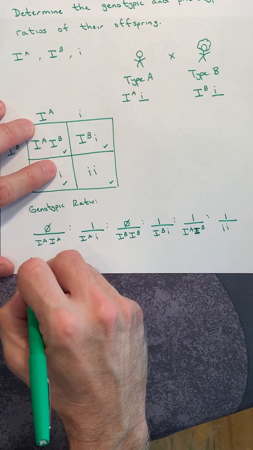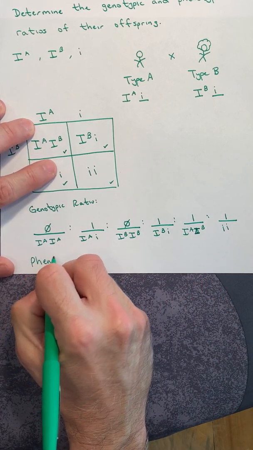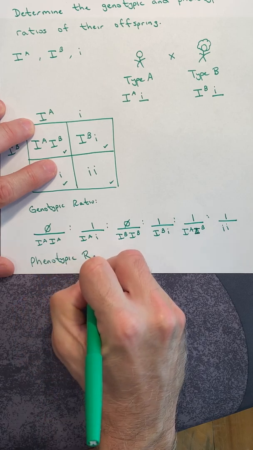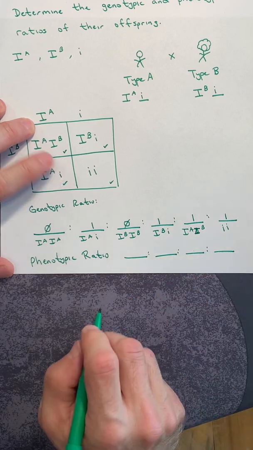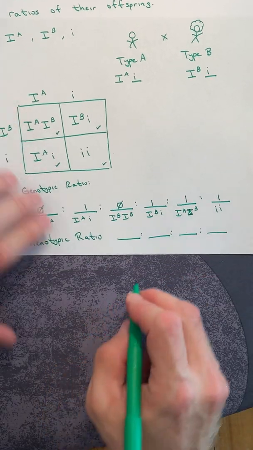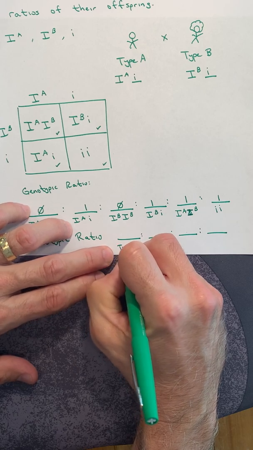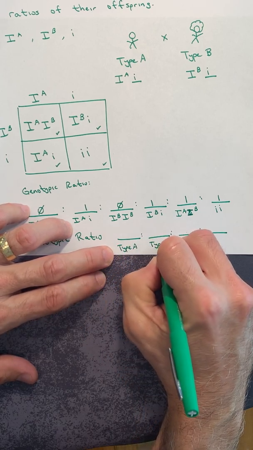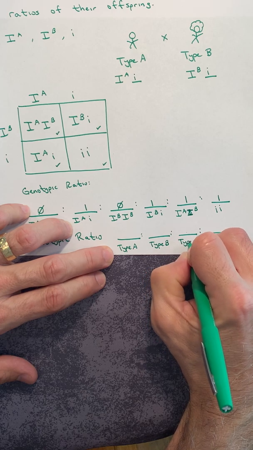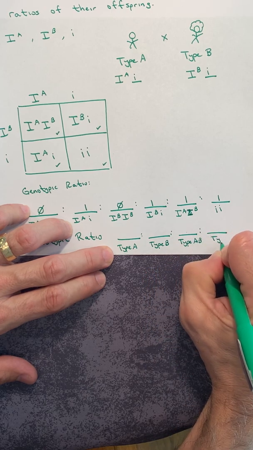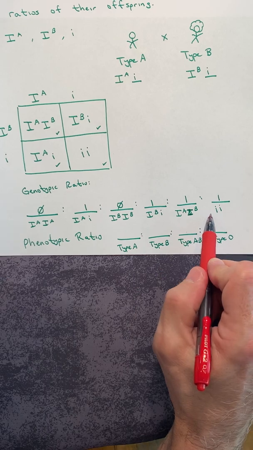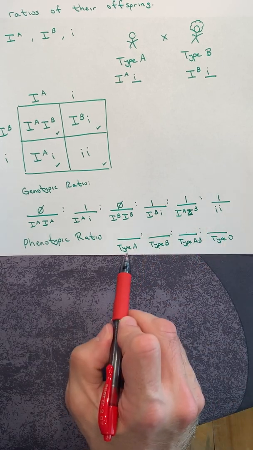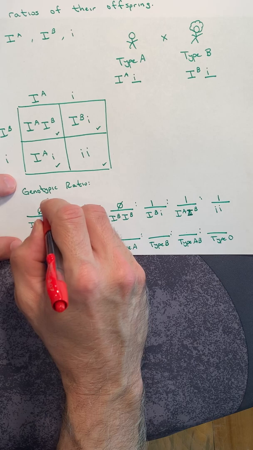Now you have your phenotypic ratio. You have 4 phenotypes. Your 4 phenotypes are type A, type B, type AB, and type O. So, how many of these genotypes express as the type A phenotype?